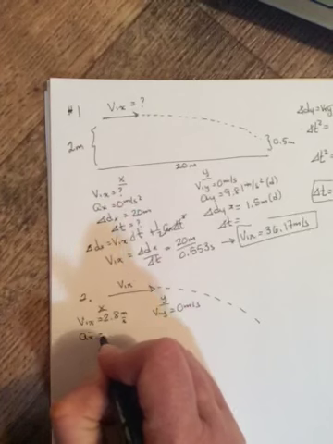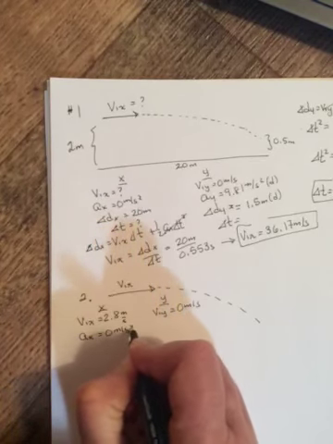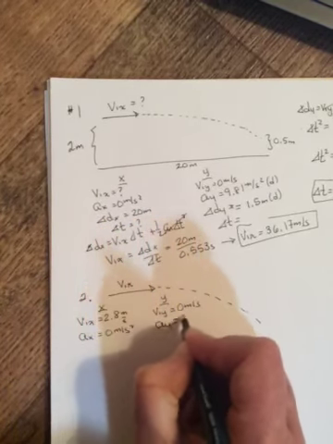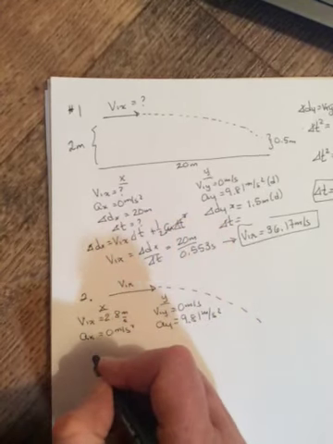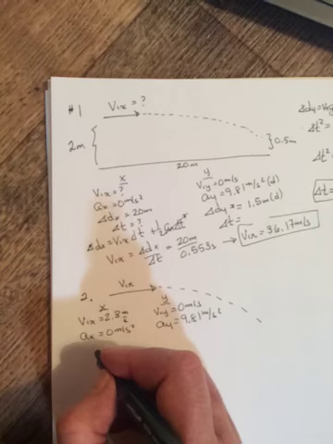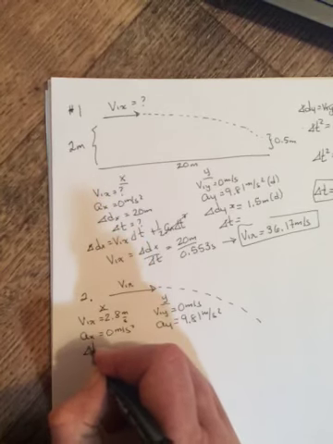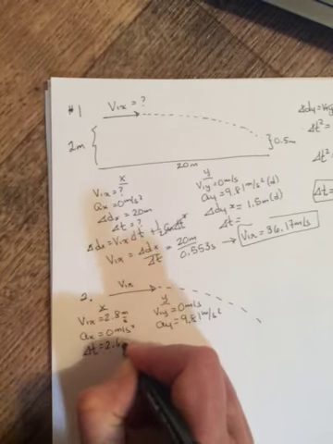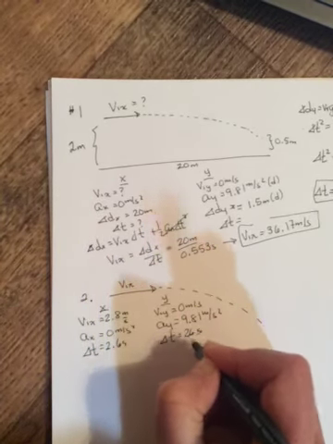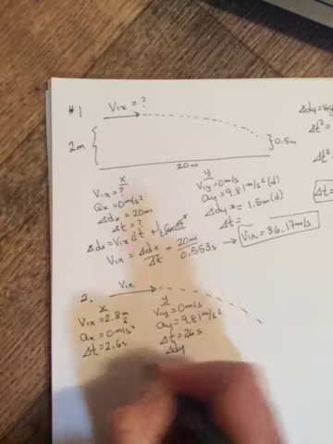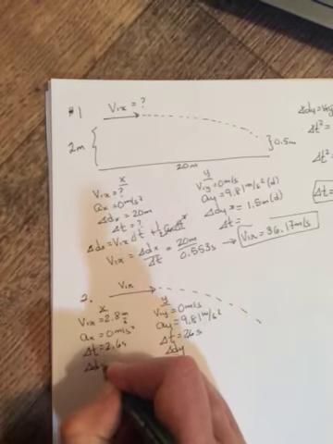The AX is 0. And the AY is 9.81 meters per second squared. And then it says it takes him 2.6 seconds to hit the water. So delta t is 2.6 seconds. And it wants to know what's delta dy, how high, and how far out.